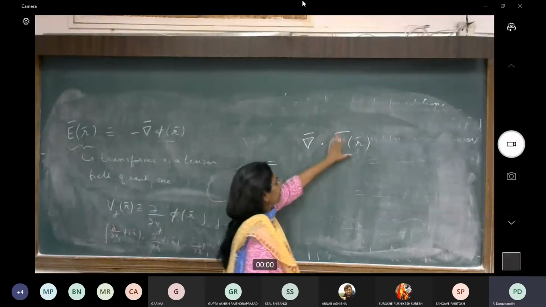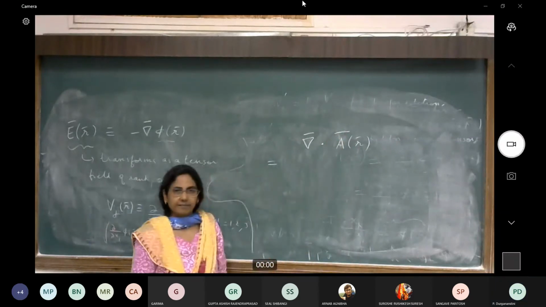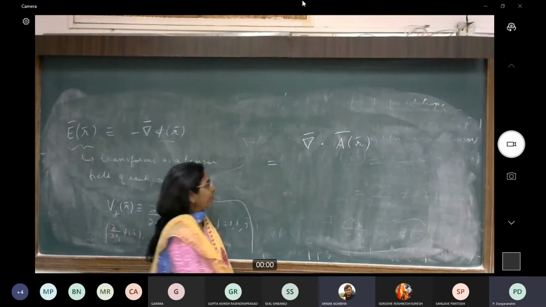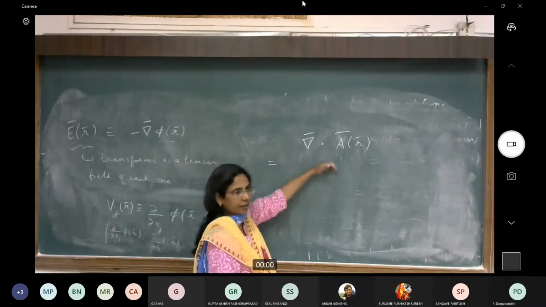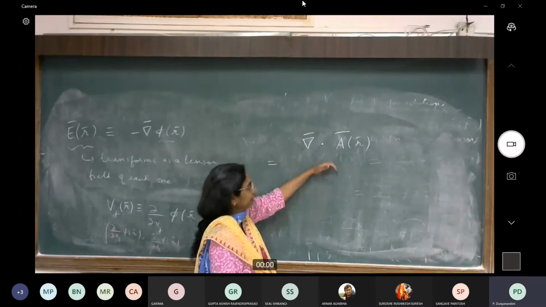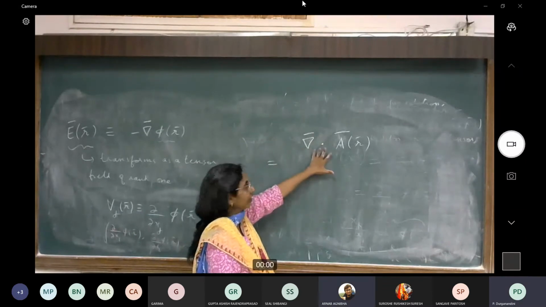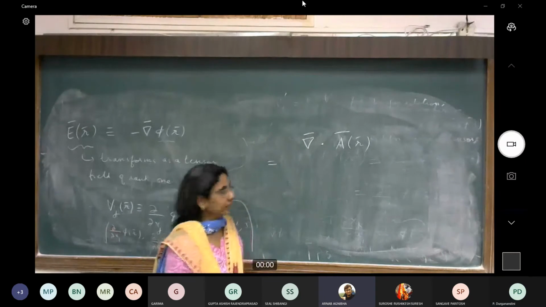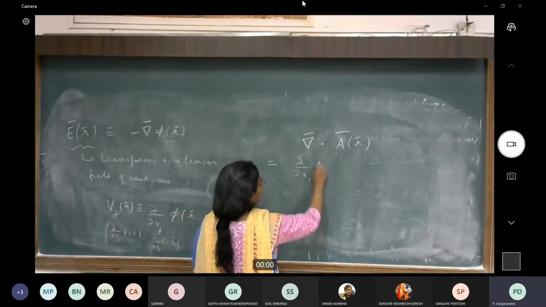Let's expand it first and write it functionally, to see what it means. It is del xi ai. So this is del by del x1 of a1, plus del by del x2 of a2, and so on.